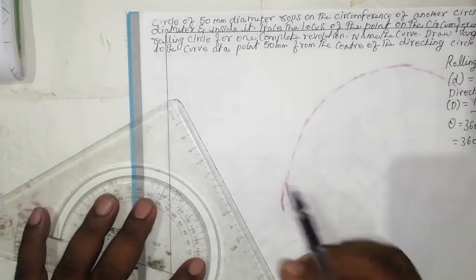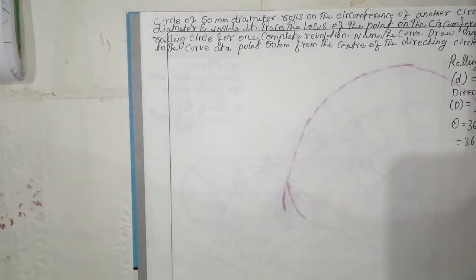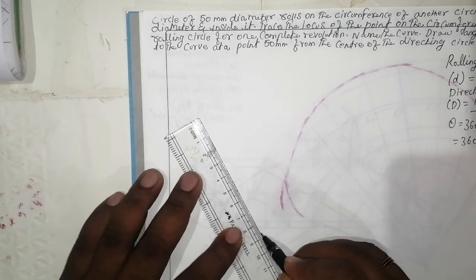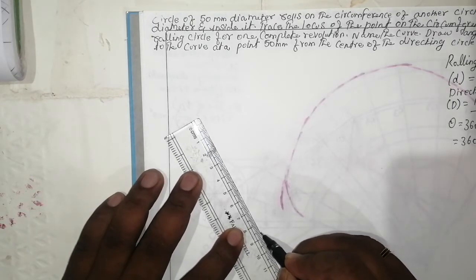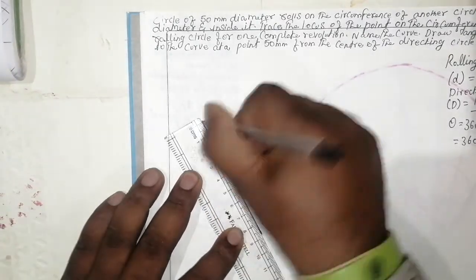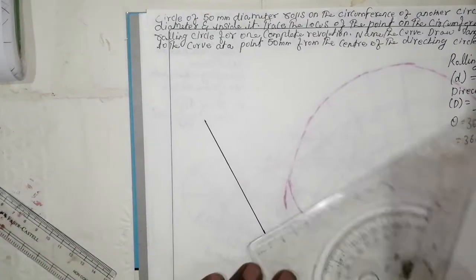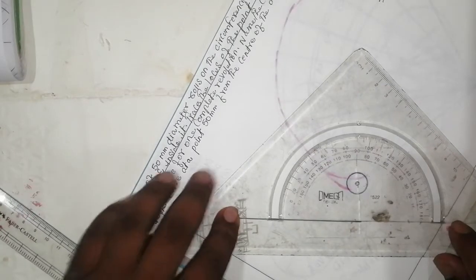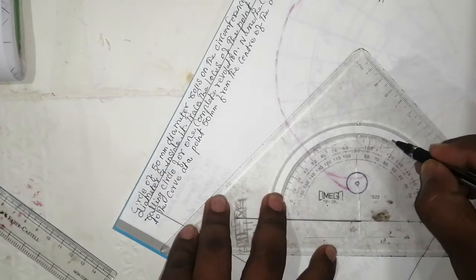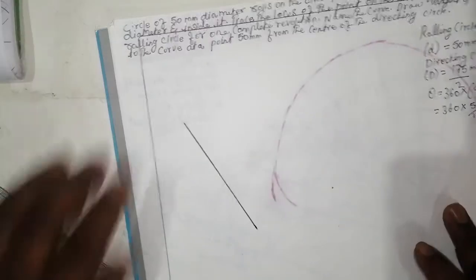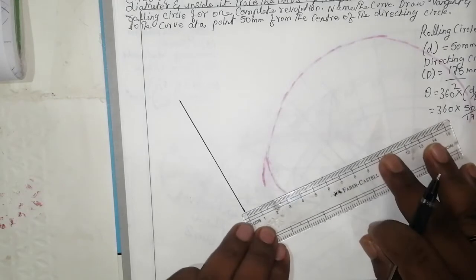Draw one center line here. I'll take from here 87.5. After that, using a protractor, the given angle is 102 degrees. 102 degrees given like this.